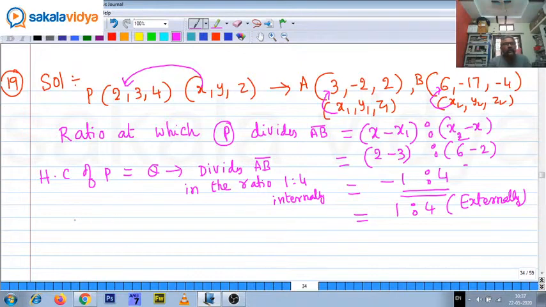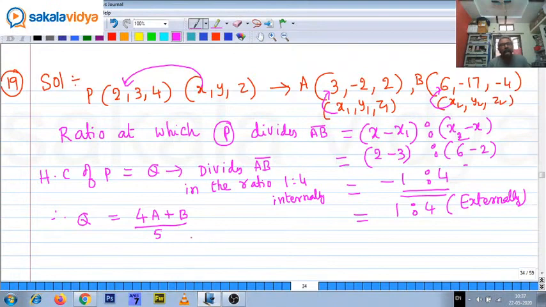So Q coordinates is equal to: 4A plus B by 4 plus 1, which is 5.